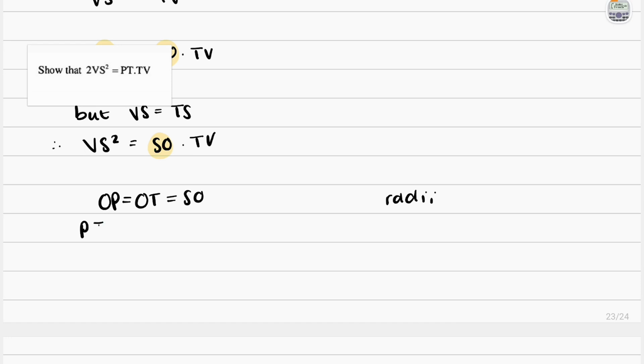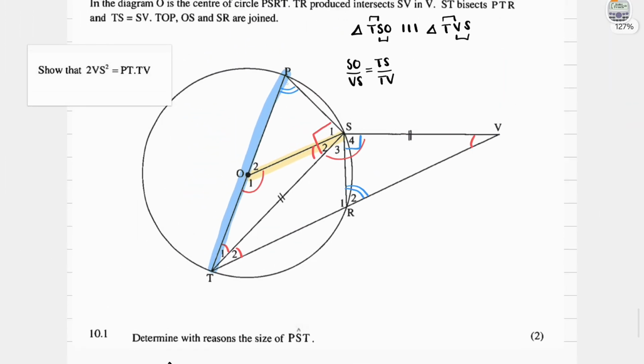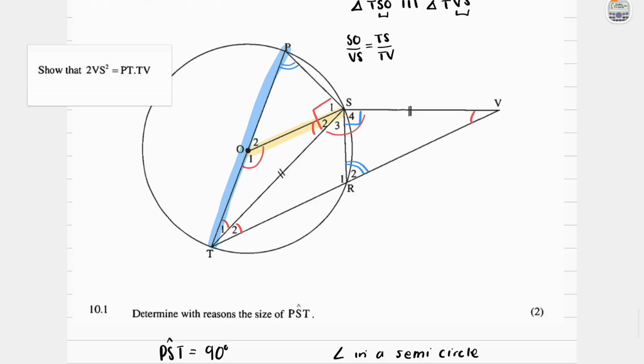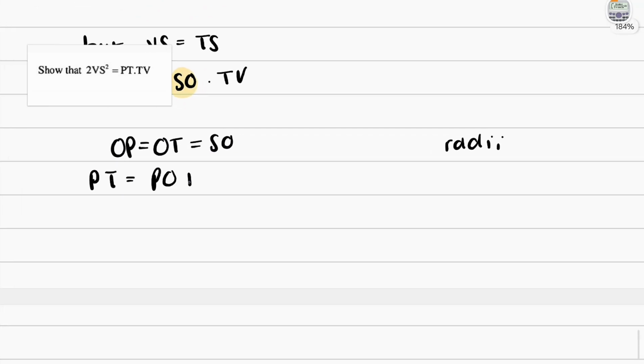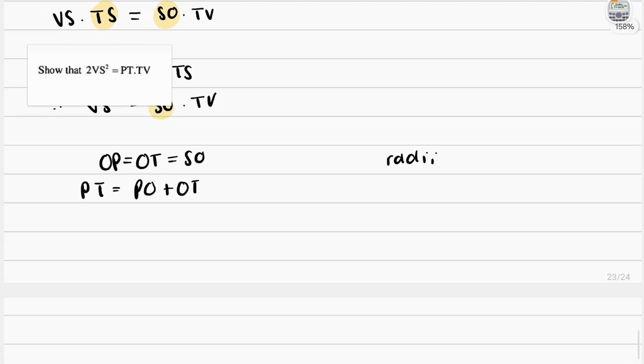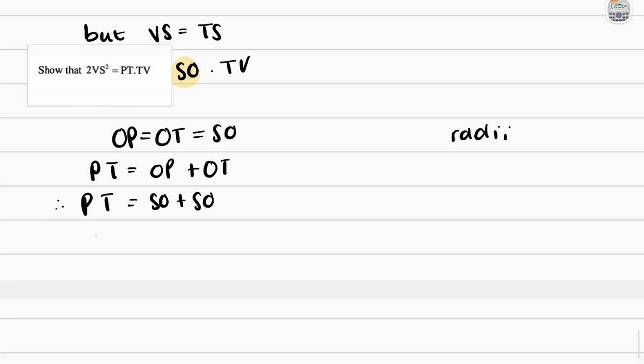So to get PT, we have to say PT is equal to PO plus OT, so add those two lengths together. But here's the thing. We know that OP, let me keep it consistent, is equal to SO, and we also know that OT is also equal to SO. So this equation can be written as SO plus SO, which is 2SO.